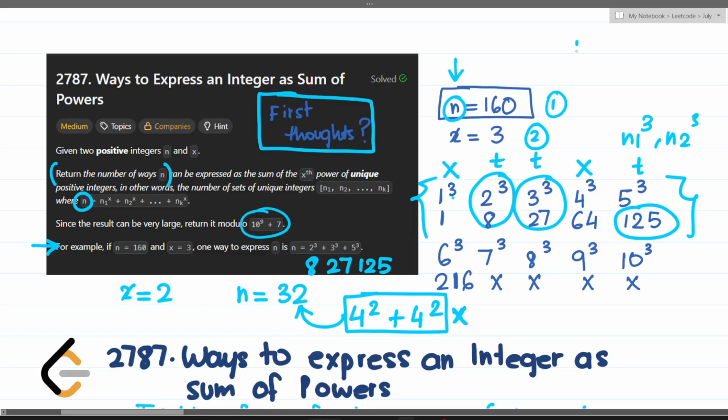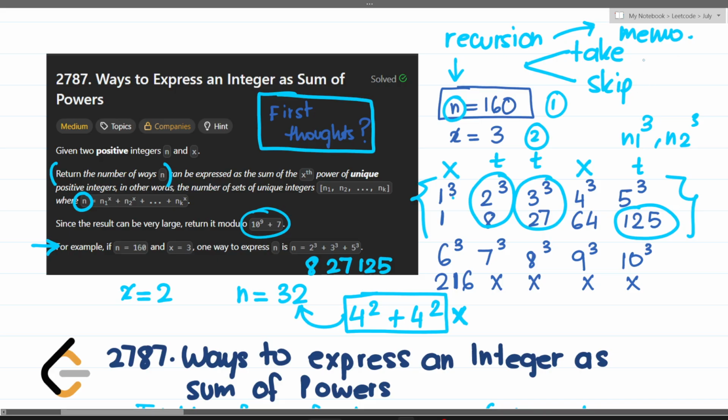By the way, does take and skip ring any bells? This is nothing but recursion. And whenever we are doing recursion, we see if we would be able to memoize or not.